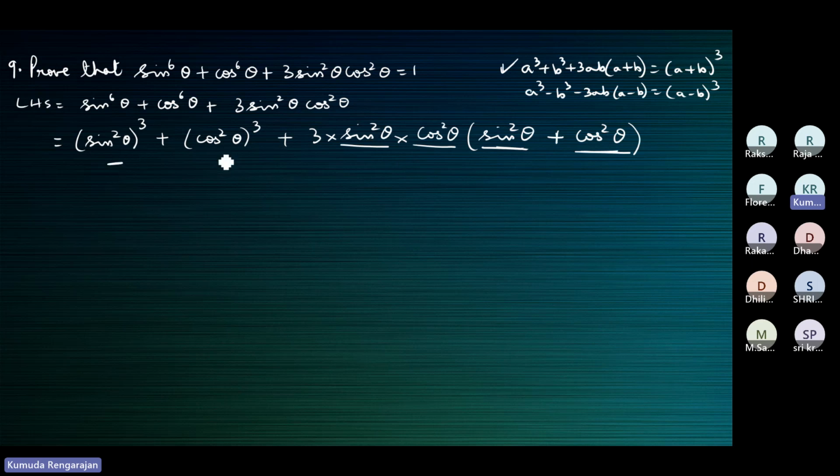This one is there already. This one is also there. 3 sine square theta cos square theta is also there. This one is also there. This one is not there in the given expression, but we have written it by ourselves. But it's still fine because sine square theta plus cos square theta is 1. So you've just written into 1. So it doesn't make a difference. The remaining terms are already there in the expression.